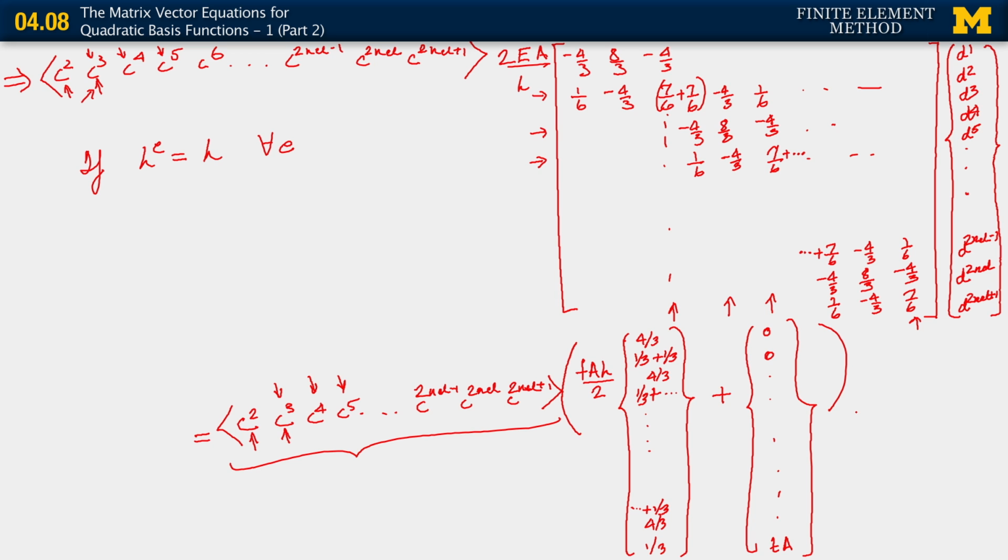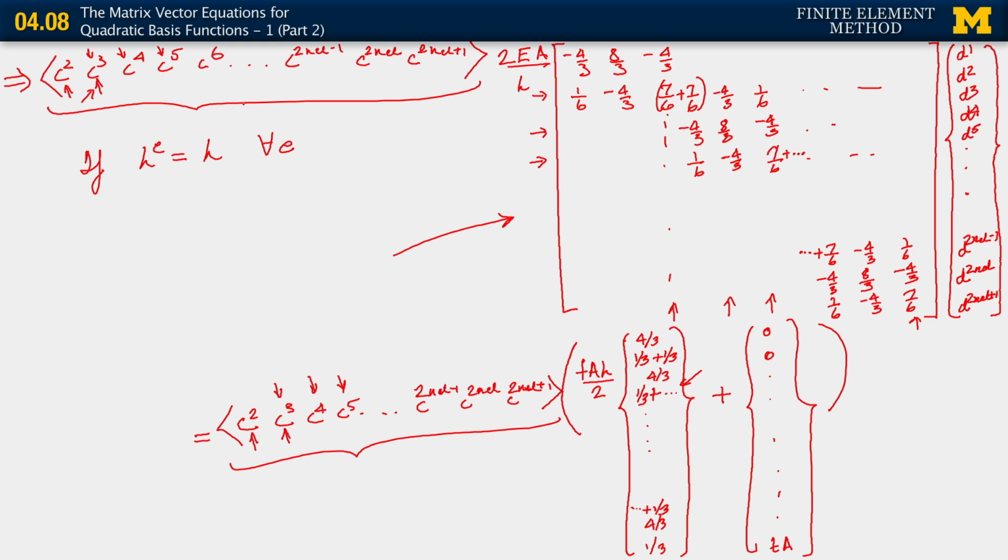Now, if we go back and look at the matrix that we have on the left-hand side here, we add up the terms that needed to be added. Likewise, we add up the terms that need to be added here. We end up with a matrix vector problem. One thing I want you to note, and this is what we're going to pick up when we start the next segment, is that the length of this vector is what?